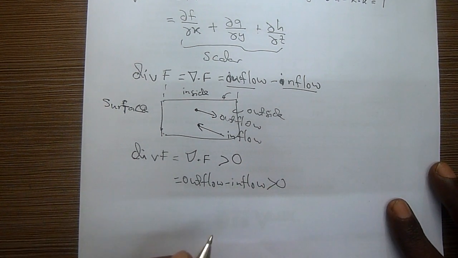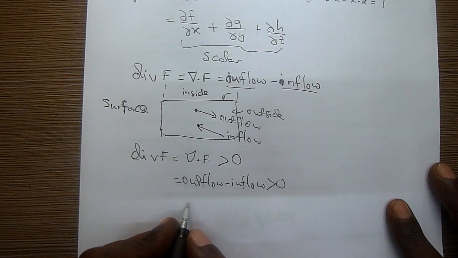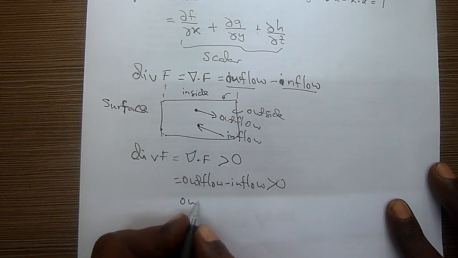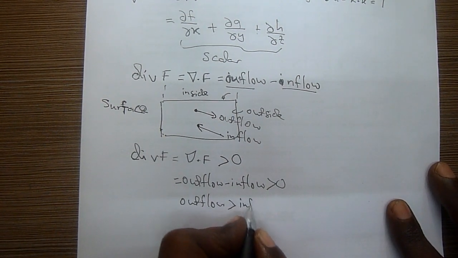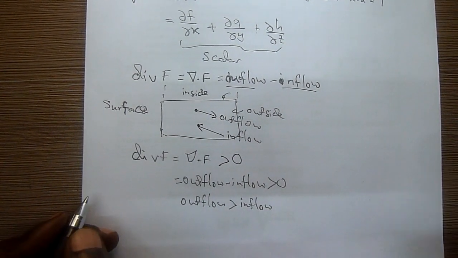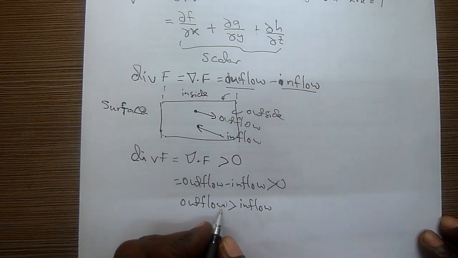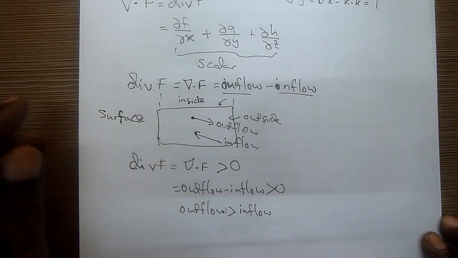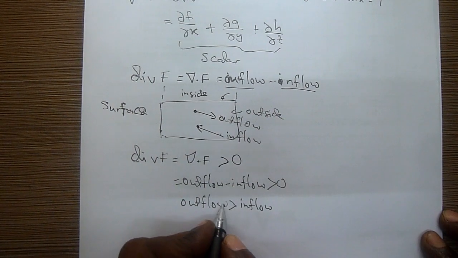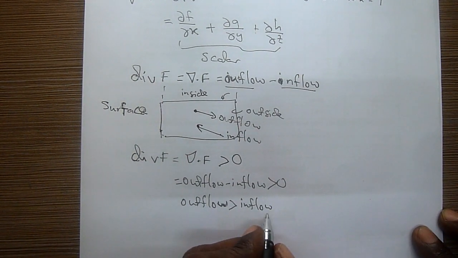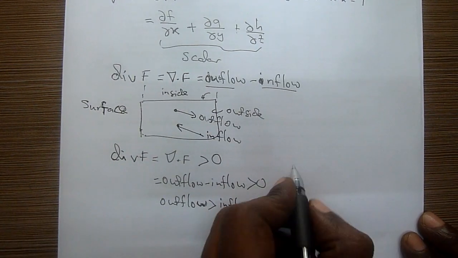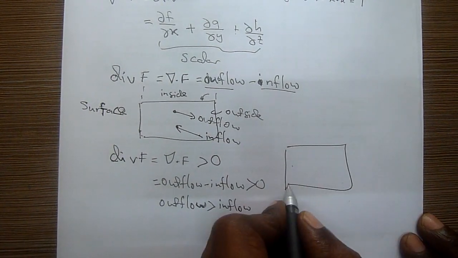Therefore, in another way, we may say the outflow is greater than inflow. On average overall, there might be inflow and outflow, but on average we can see outflow is greater than inflow.